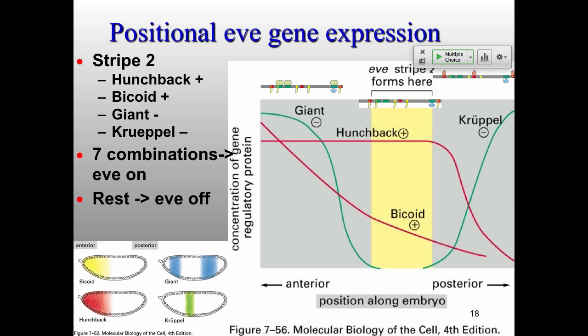Questions? Yes? Are these transcriptional regulators specific to stripe 2 and none of the other stripes? So the question is, are these particular transcriptional regulators just specific to stripe 2? In this particular set, this combination of factors is important for stripe 2. There are multiple other combinations which are going to be important for the other 6 stripes, I should say.